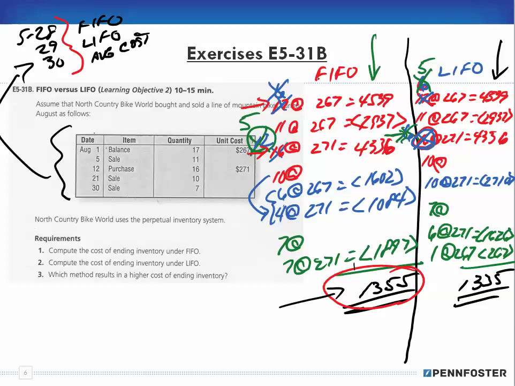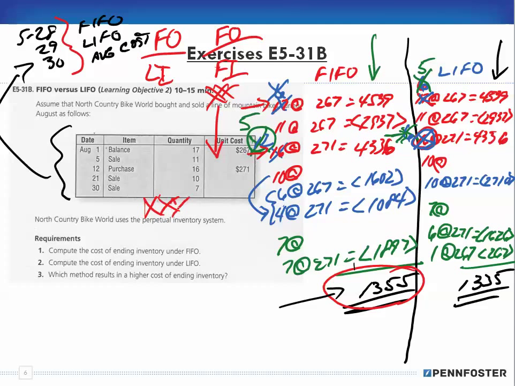The difference is with FIFO, the first ones in were the first ones I took out. So I started at the top here and worked my way down. Whereas with LIFO, the last ones in were the first ones out. So I would always start at the bottom here, the ones closest to me, and take out of inventory working in the opposite direction.